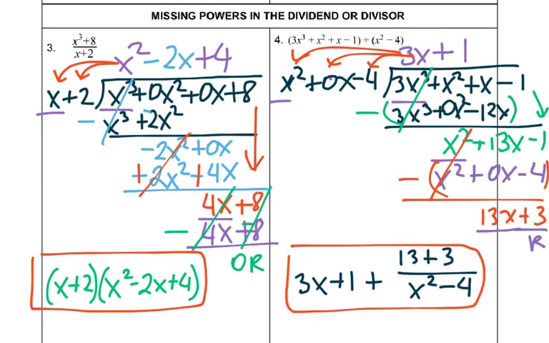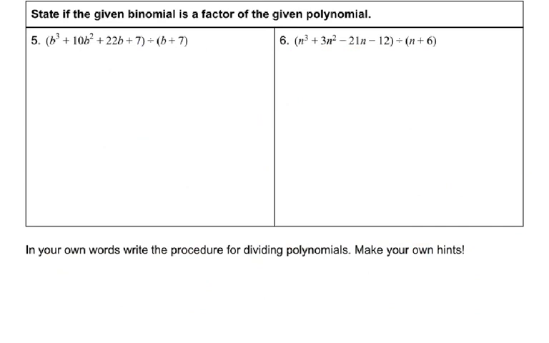And the last part of this video is we want to state if the given binomial is a factor of the given polynomial or not. And division is one way to decide. If you get the remainder 0, you definitely know that your divisor is a factor of the given polynomial. But this is a lot of work. So there's a shortcut, a shorter way to show if a binomial is or is not a factor.